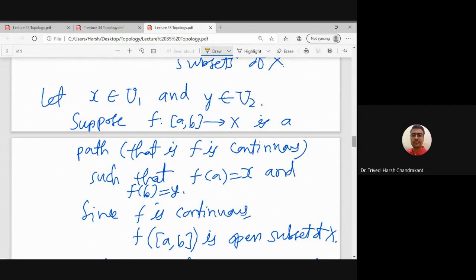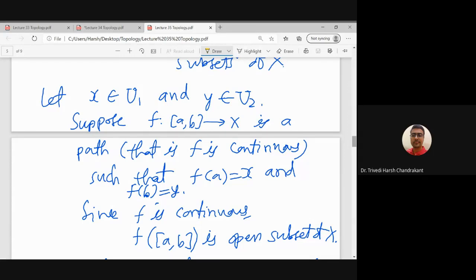Now since X is path connected, that is our hypothesis, between any 2 points of X I can find a path. So let us take 2 different points x and y, where u1, u2 is a separation of X. We will choose one point x in u1 and one point y in u2. By the definition of path connectedness, we will get a path between these 2 points.